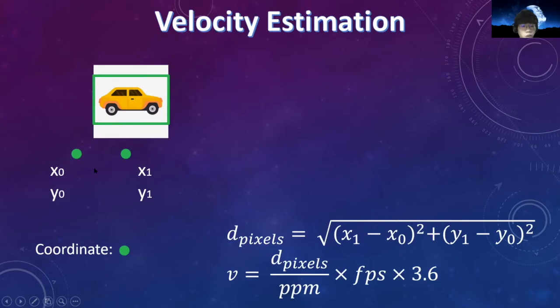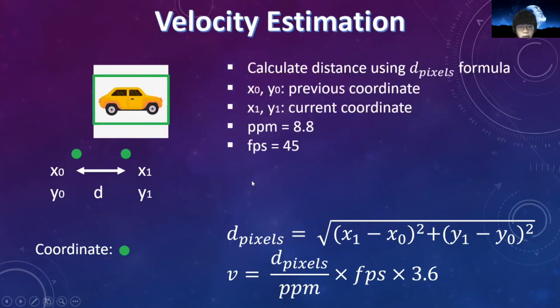With these two coordinates, we can easily calculate the distance between them using the d pixel formula. Then we move to the velocity part, where we take the d pixel that we calculated, divide by ppm, which we decided to be 8.8, multiply by fps, which is 45, and multiply by 3.6. I'll explain further why we chose ppm to be 8.8 and fps to be 45 later.